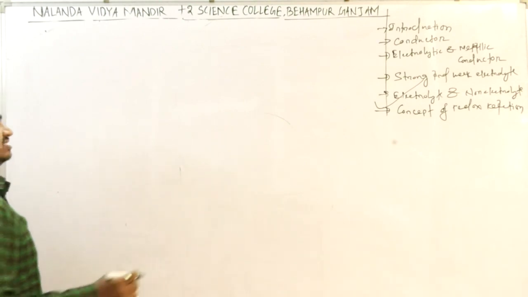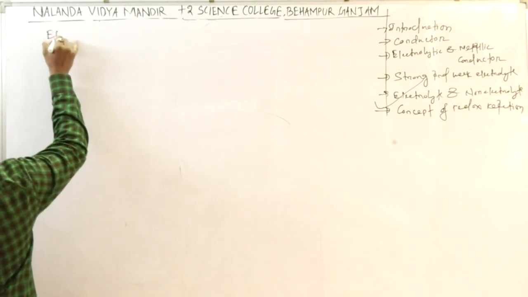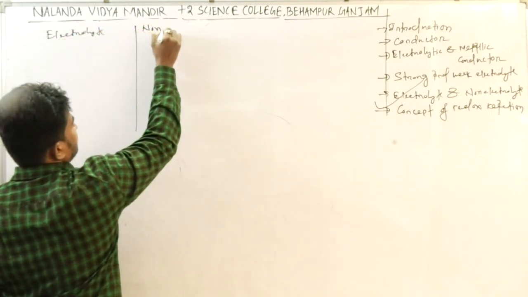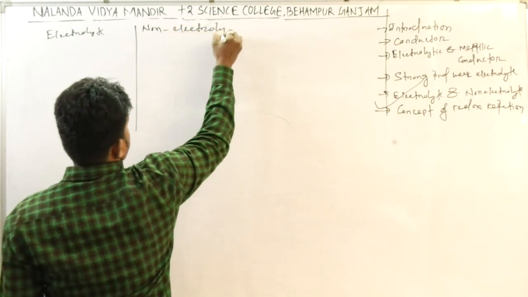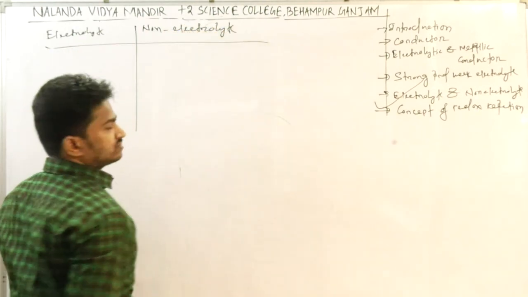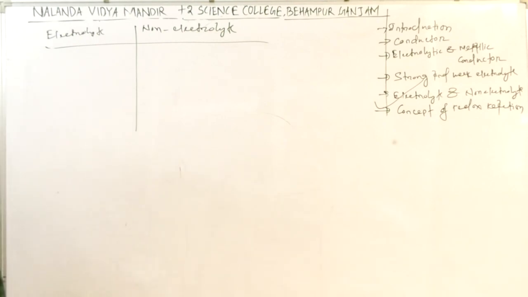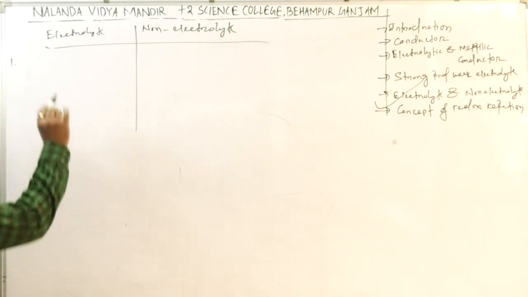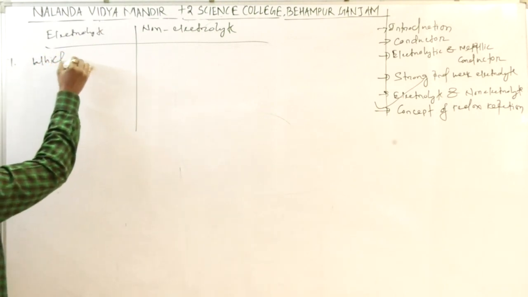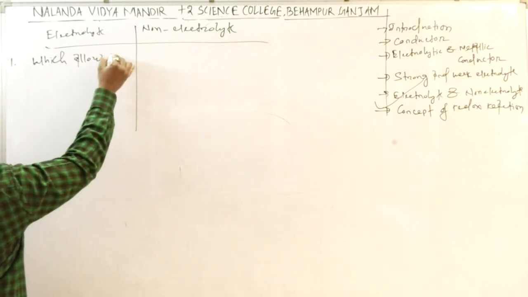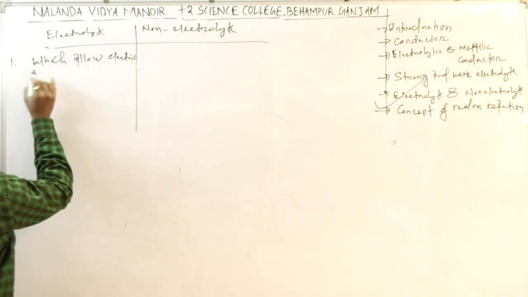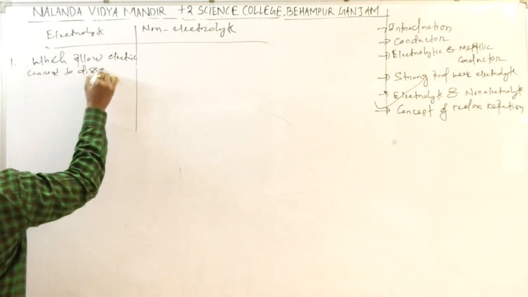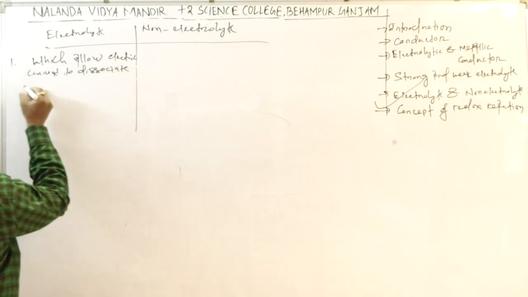If we talk about the difference between electrolyte and non-electrolyte, the first thing we can say is that an electrolyte is a substance which allows electric current to dissociate it into ions.